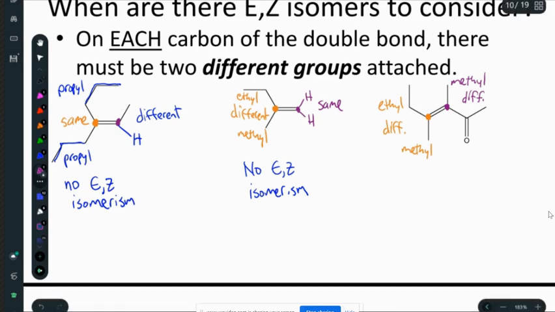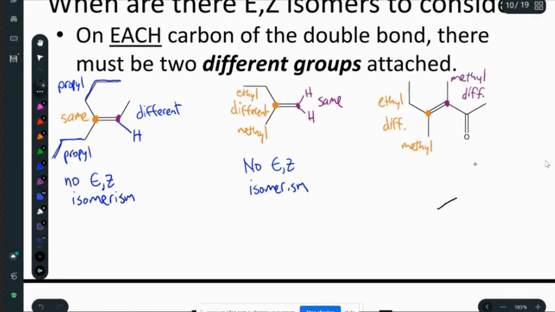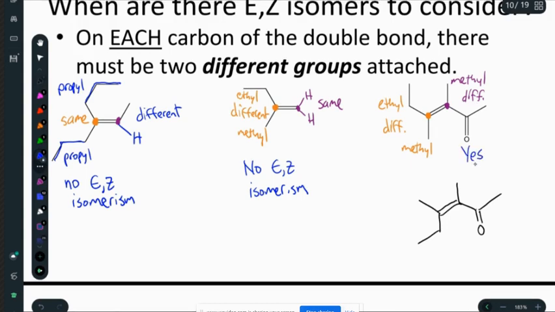So here, I need to consider E versus Z. If I switch two groups on one of the sides, I would get the other isomer. So if I switch the methyl and the ethyl group, this is going to be a different isomer. So yes, I have easy isomerism here.